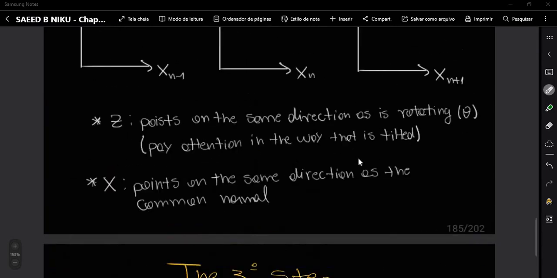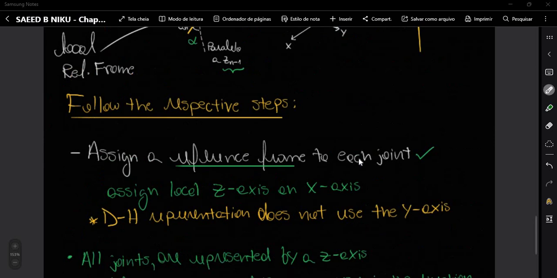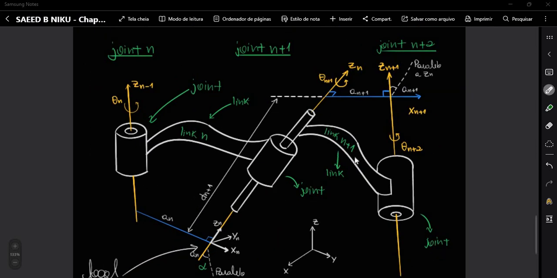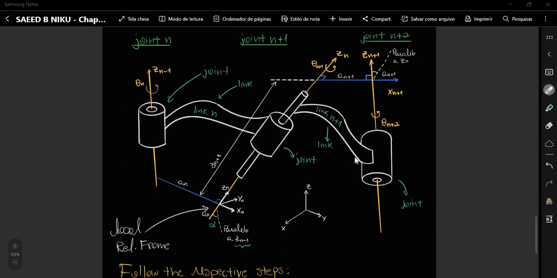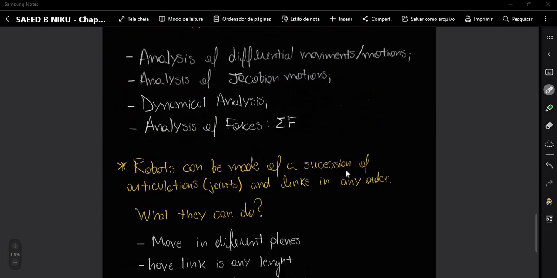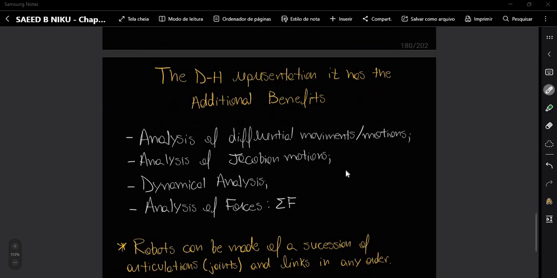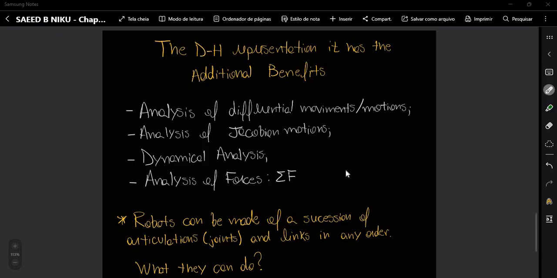Okay, so let's review this and we can continue. I wrote a bunch of useful things that we can just pass through quickly just to remember what we were doing.